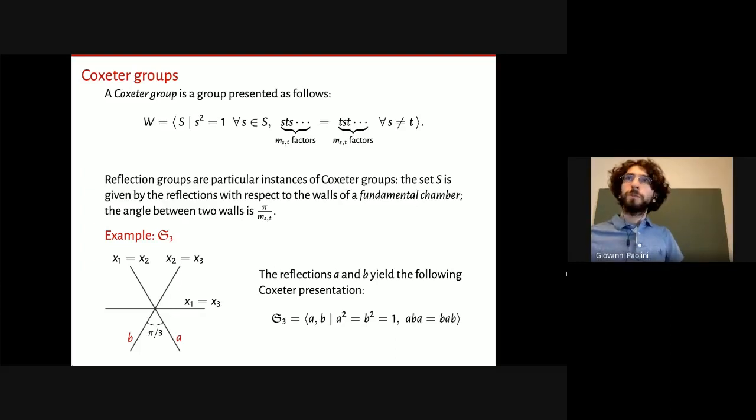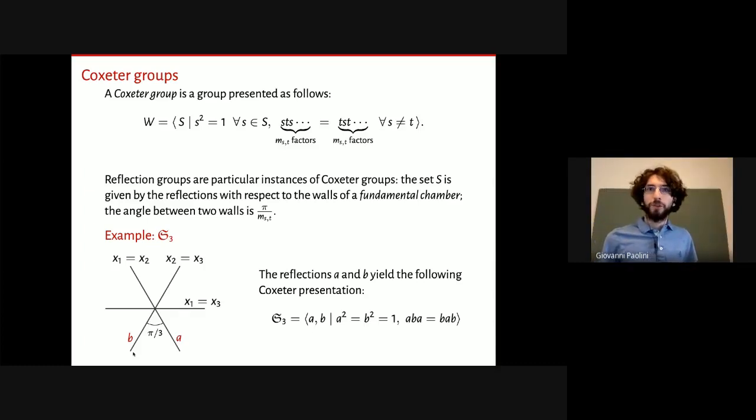So you choose one of the chambers of the arrangement. For example, here we can choose the bottom chamber. We can choose among 6 different chambers in this example. And we choose as generators the reflections with respect to the walls of this chamber. In this case, I call these reflections A and B.